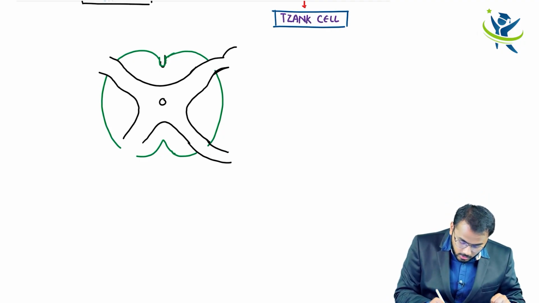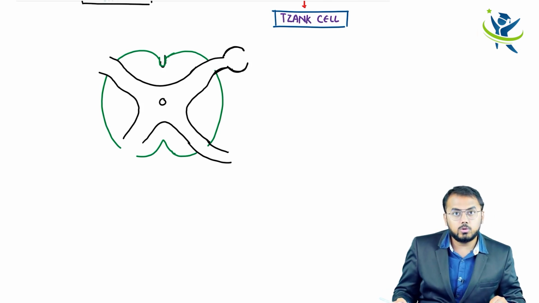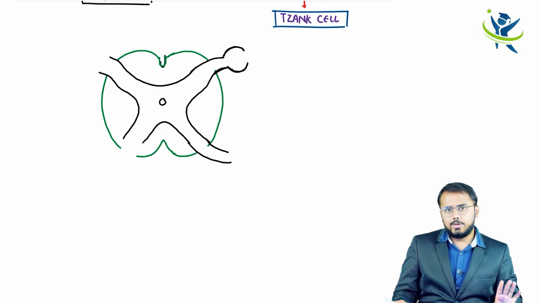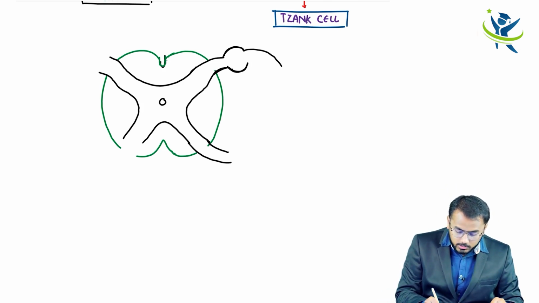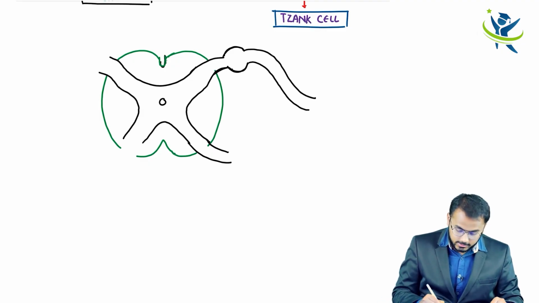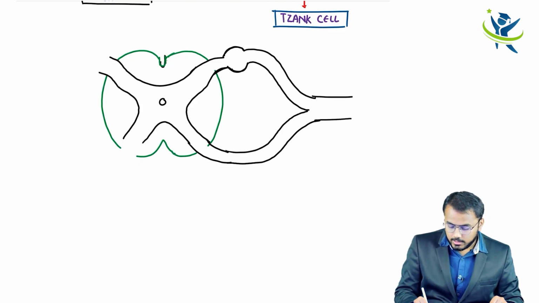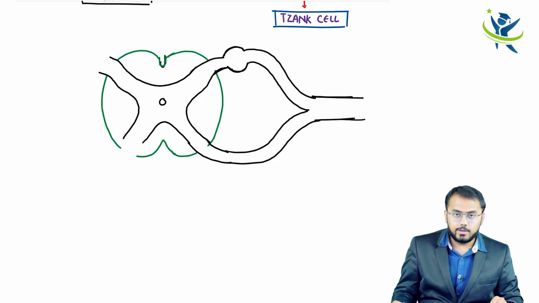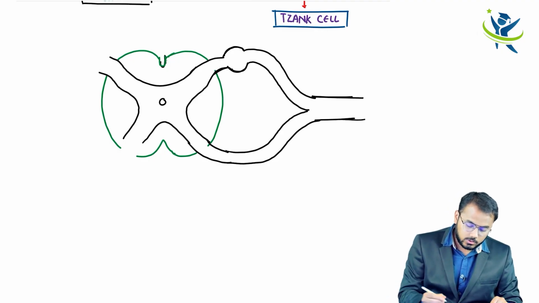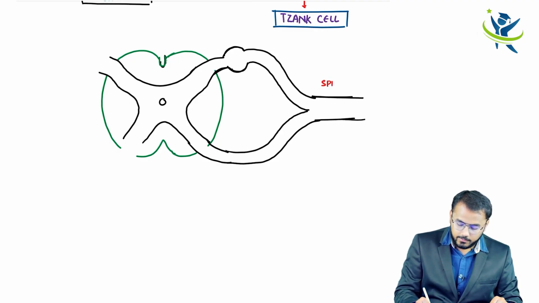Now dorsal horns have a ganglion, called the dorsal root ganglion. The dorsal horns and the ventral horns fuse together to form a specific nerve, and this is what is called your spinal nerve.